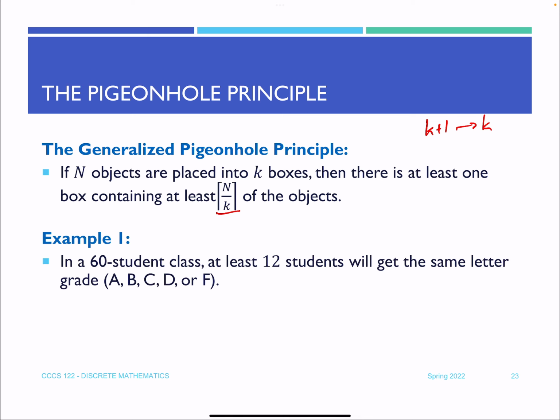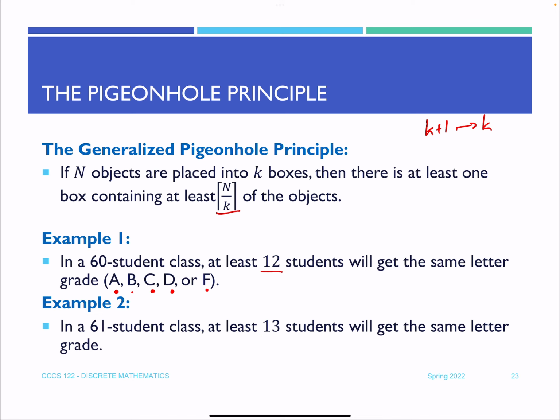So if you have a class of 60 students, and the grades that you can award to these students are A, B, C, D, or F, you have a guarantee that at least 12 students will get the same grade. 60 divided by 5, ceiling function.